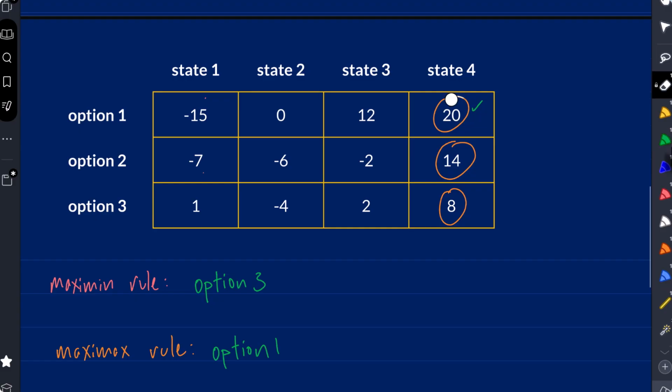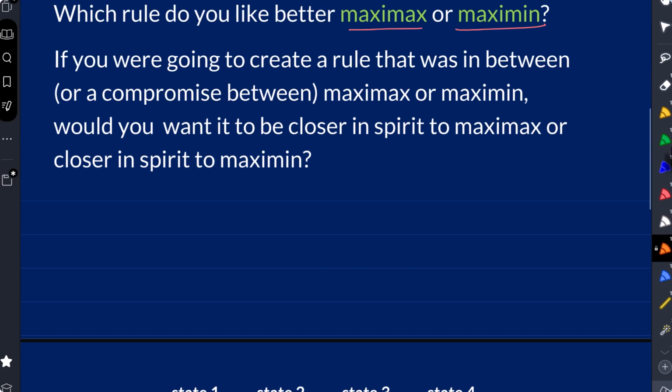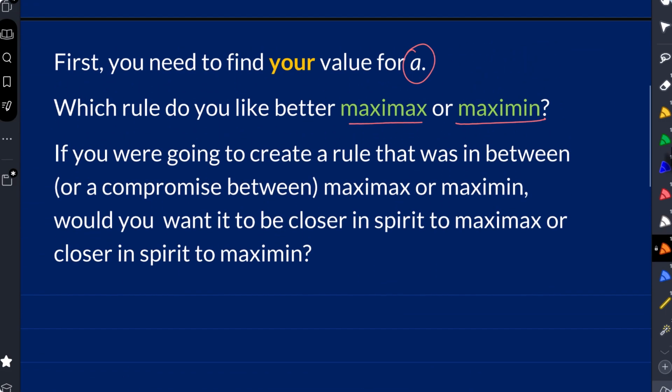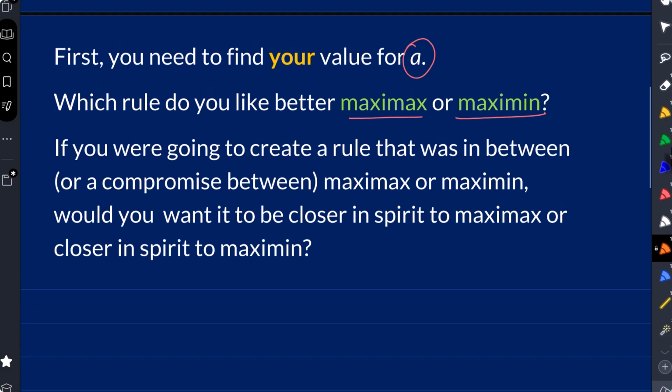Or for this rule, actually, since it's the highest of the highest valued outcomes for each option, we can just look across the whole decision table and find the highest valued outcome and then go directly to that option. Okay, so anyway, those are kind of the two bookends for making decisions when we have a decision problem under ignorance or uncertainty.